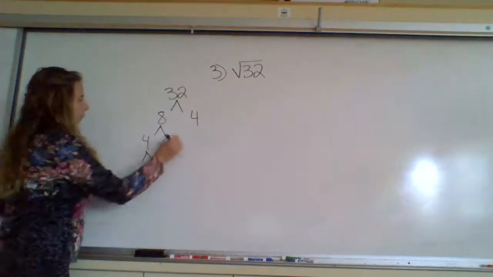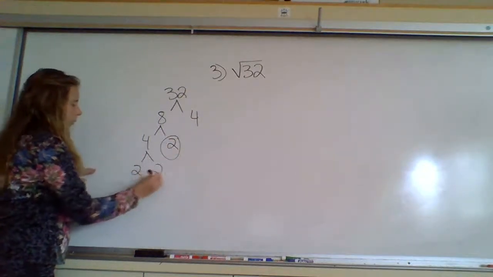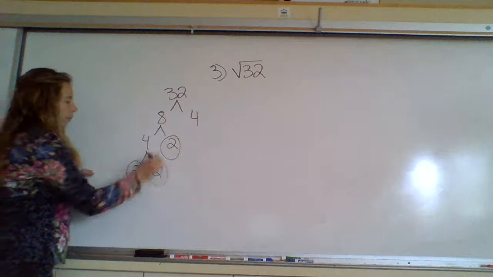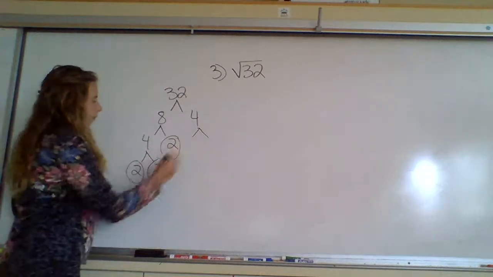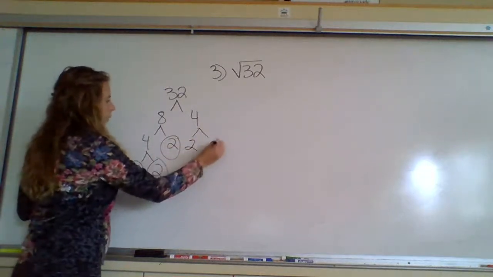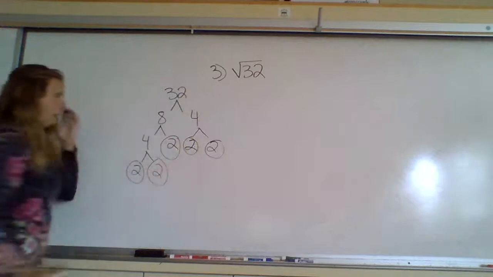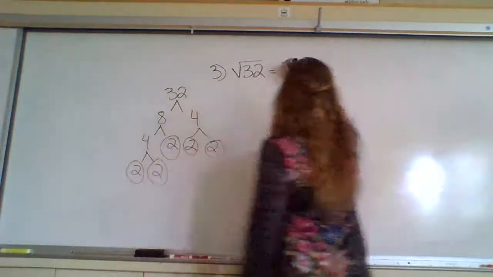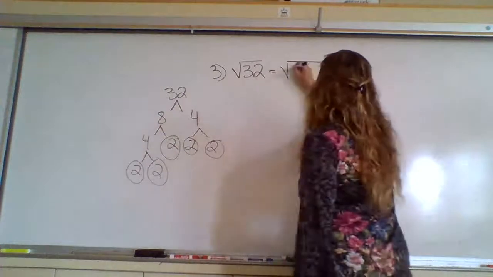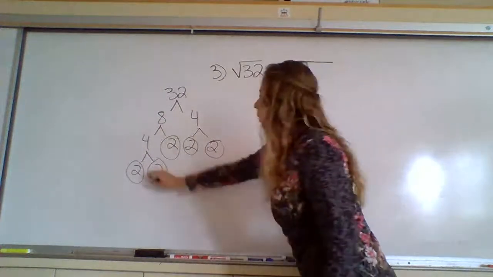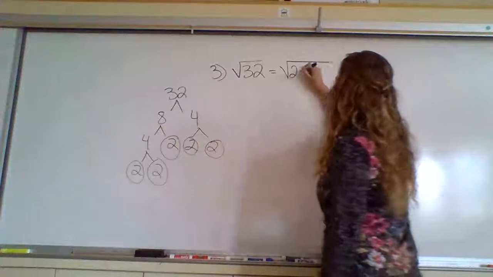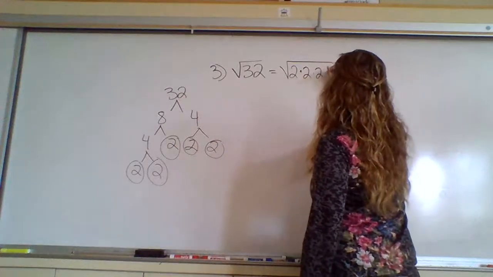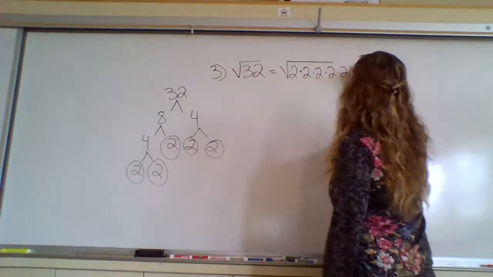This is prime, and then 2. 2 times 2 is 4. I feel like we've dealt with 32 a lot, so you might actually have this one memorized. So the prime factorization of 32 is 2 times itself, 1, 2, 3, 4, 5 times. So 5 2s.